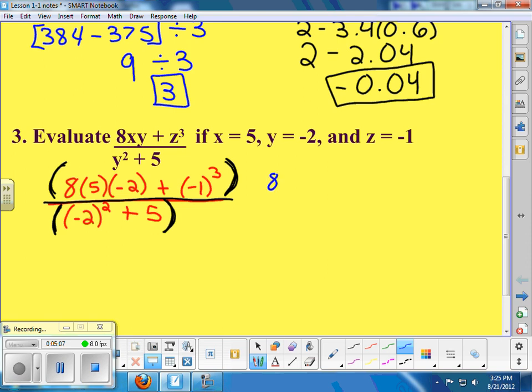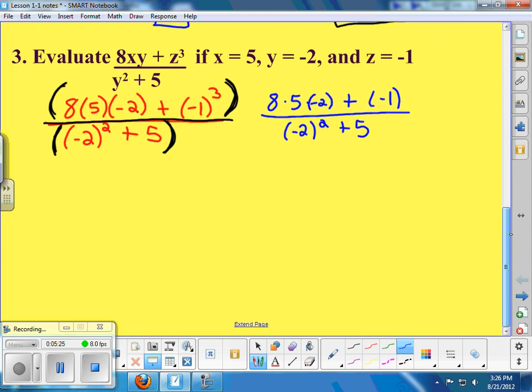So that's going to be 8 times 5 times negative 2 plus negative 1 to the third power is negative 1. And we recopy in the bottom. Okay, continue working on that top, which would be multiplying next. Multiply comes before adding that negative 1.